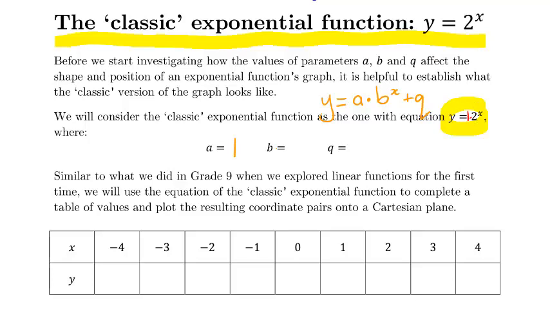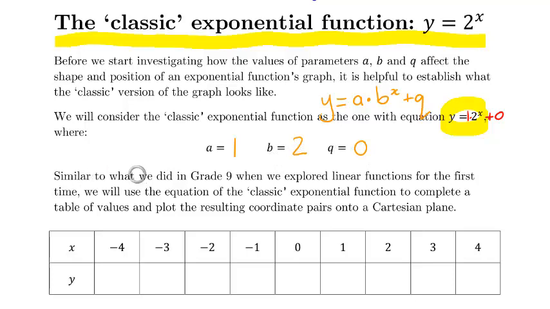Boom. b is equal to 2 over there. And I hope you agree with me, there's an invisible plus 0 after the 2 to the x. In other words, our q value over here is a big fat 0. Okay. So we are going to investigate what this function looks like where a is equal to 1, b is equal to 2, q is equal to 0.